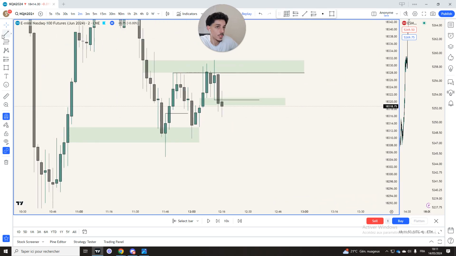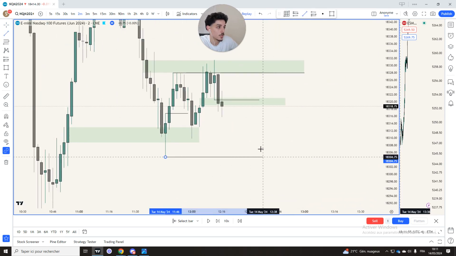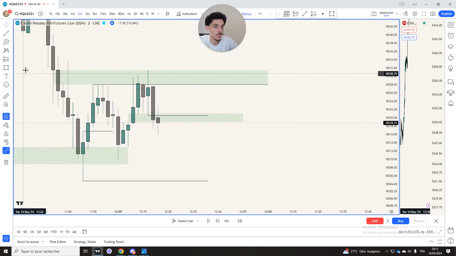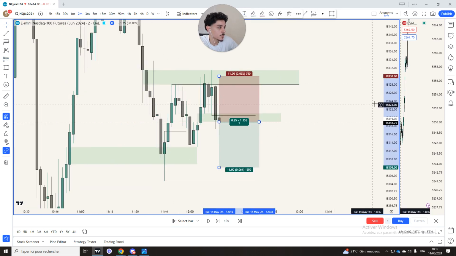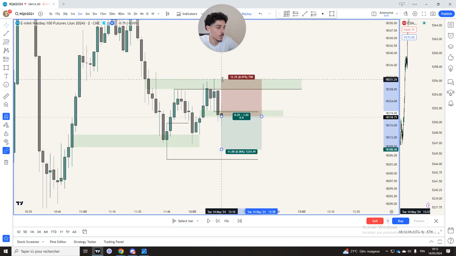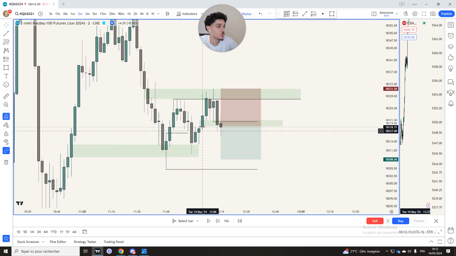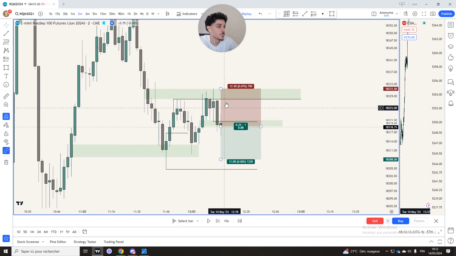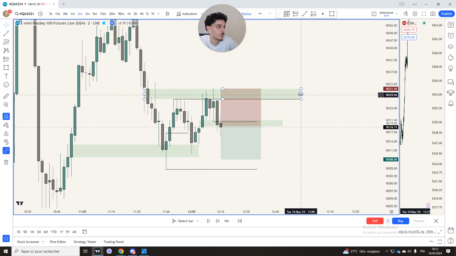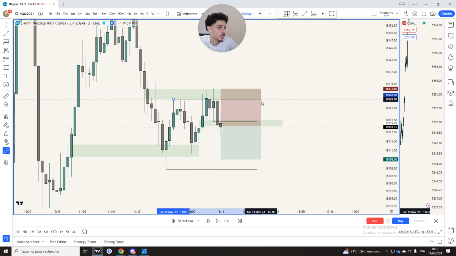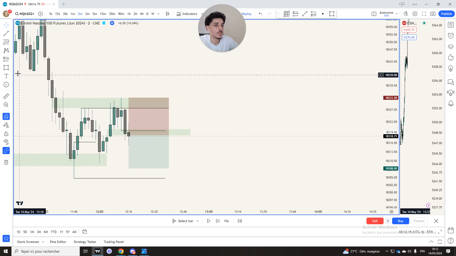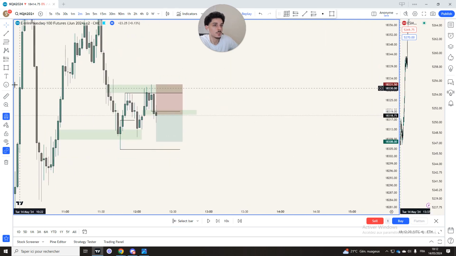And this is some real inversion knowledge here. Okay, if you get that sweep, tap into that 15, and you already have had that first stage in change in state of delivery and made almost equal lows. Once you sweep this high and tap and respect a fair value gap on the 15 or the 5 or the 1, okay, and then you create this type of, so this model is exactly this one.